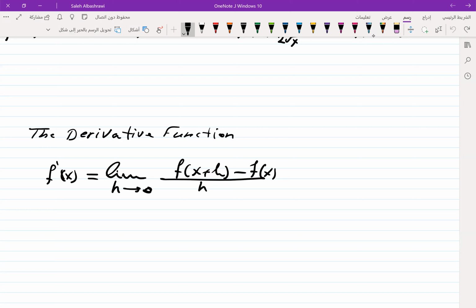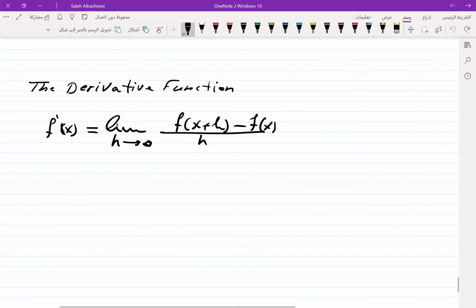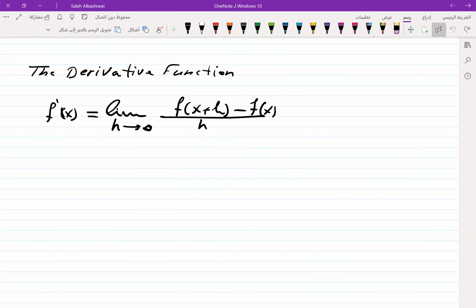But sometimes we need to check whether the function is differentiable at a given point. Not in general, I will give just a specific point. I mean to check whether the function is differentiable or not.